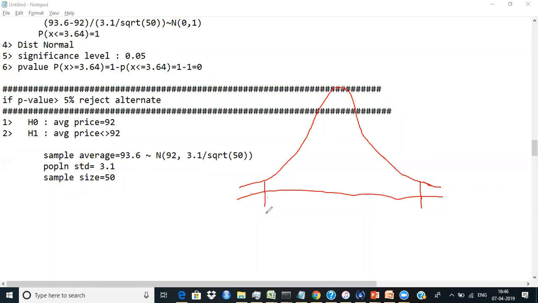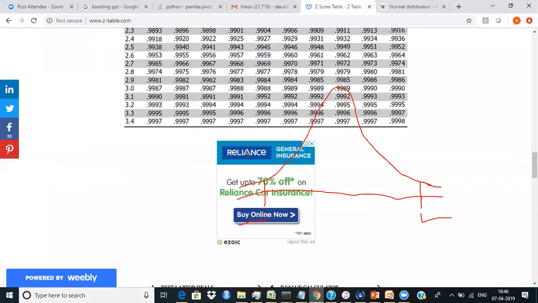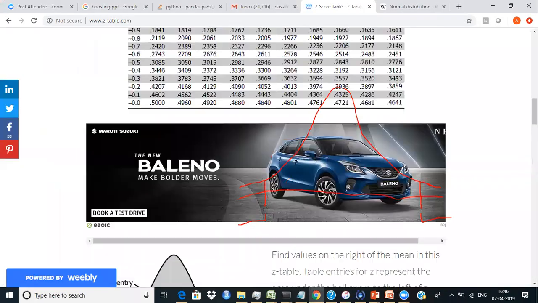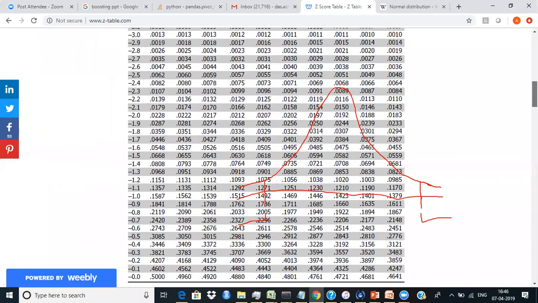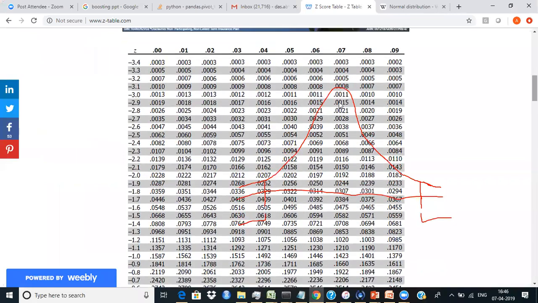That means how much area is to the left? 2.5%. And how much area is to the right? 2.5%. So basically we are looking for a point which has an area of 2.5% to the left. We go to the Z table and look for a point which has 2.5%, that is 0.025, as probability to the left.